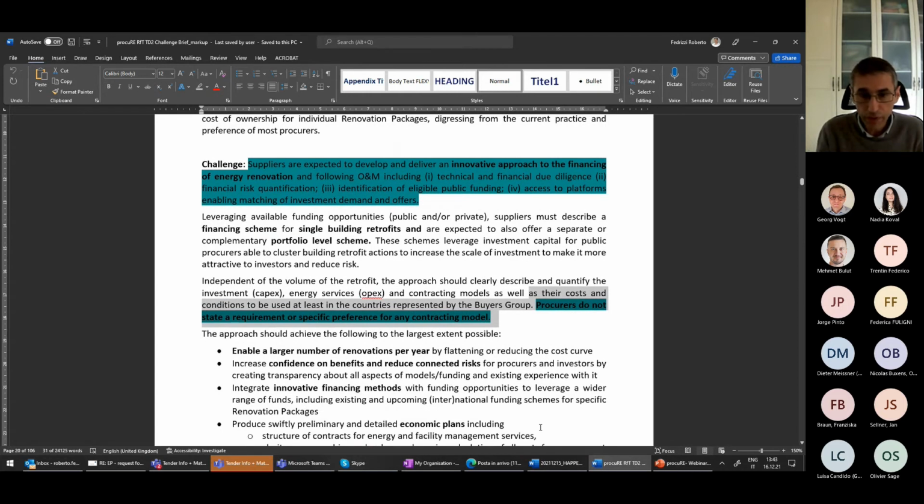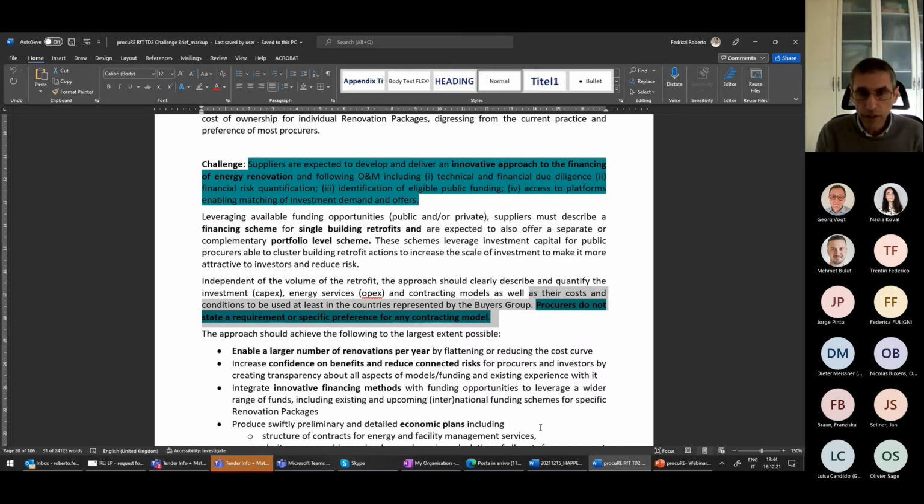We have no preference in one or the other direction, as I highlighted here. But again, we expect by the end of the project or by the end of this initial phase that the suppliers have already identified a way how to tackle the investment.